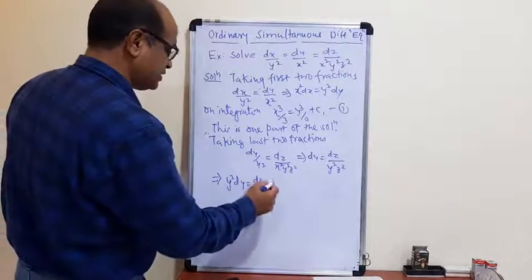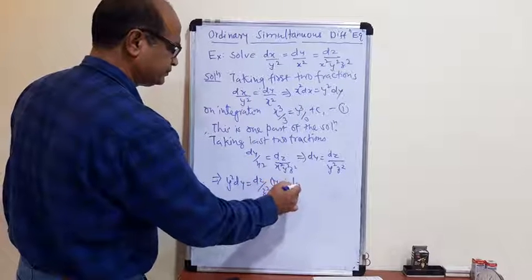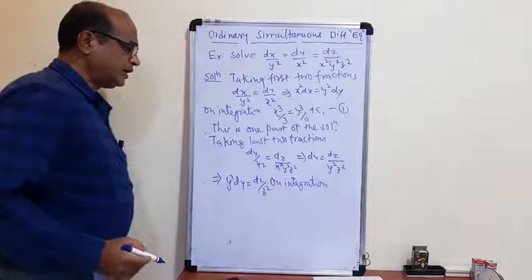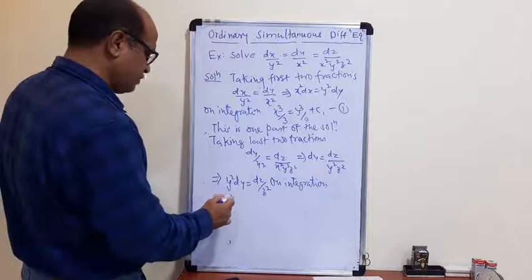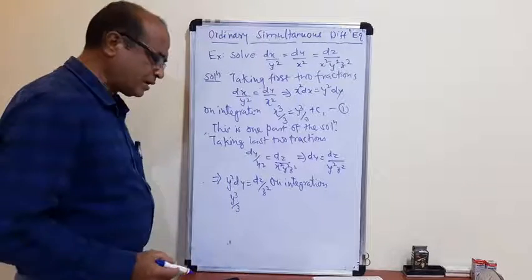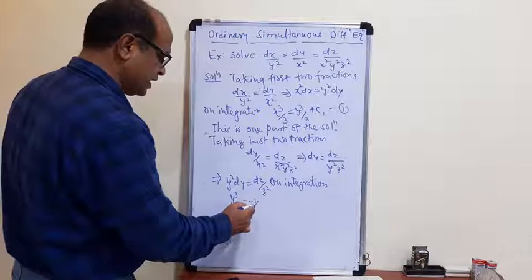So what is on integration? On integration, this is y cube by 3. Integration of y square dy is y cube by 3 is equal to minus 1 upon z.